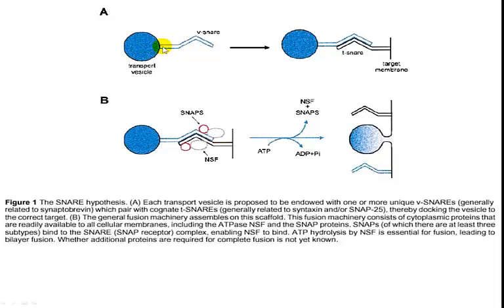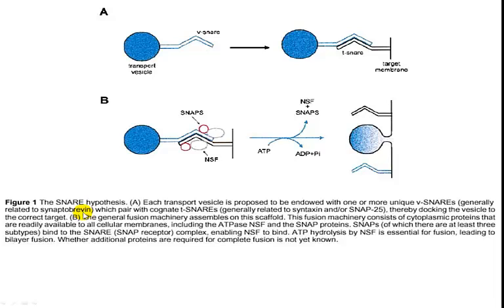So the blue is the transport vesicle, and this is a membrane protein that we see on it. This is the target membrane, presynaptic grid if it's the neuroendocrine cell, and there's a protein on it. So there's a vesicular SNARE and a target SNARE, the v-SNARE and t-SNARE. So the SNARE hypothesis is that each transport vesicle is proposed to be endowed with one or more unique v-SNAREs, generally related to synaptobrevin.